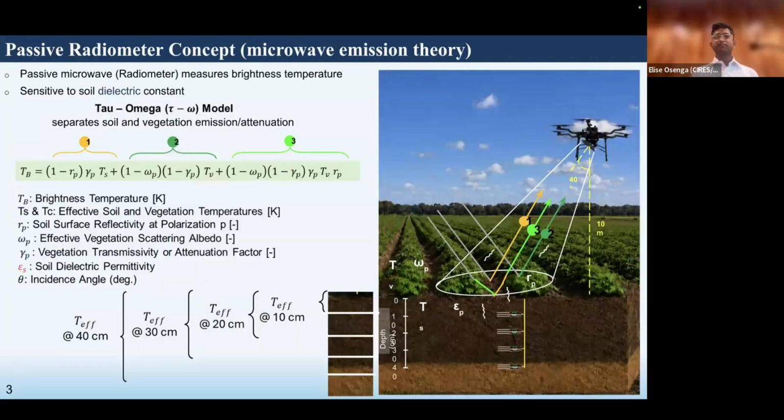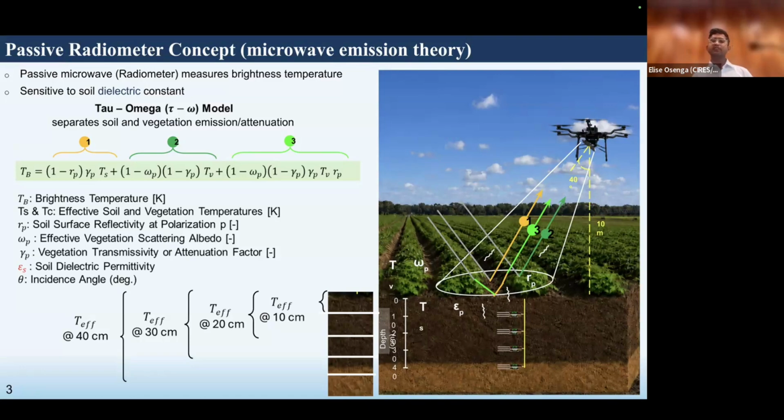So this is the theory of the passive radiometer concept, or the microwave emission theory. Here we are using the HL6 drone. We have mounted the L-band radiometer on it, inclined at the same angle as SMAP, 40 degrees, and it captures natural emissions coming from the land in the form of brightness temperature.